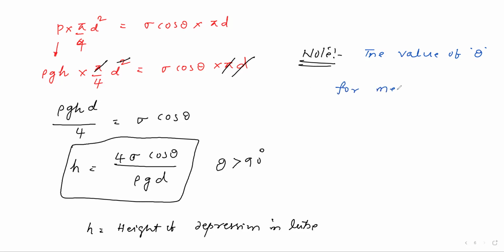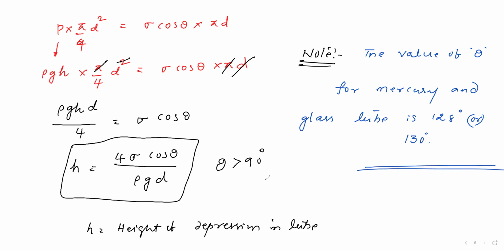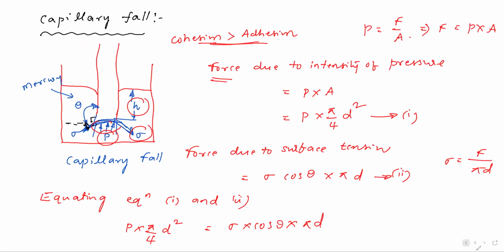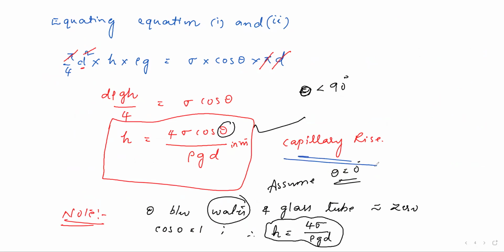For mercury and glass tube, the value of theta is 128 degrees, or you can consider 130 degrees. Clear? So this is about the capillary fall or depression, right? And the other one is called capillary rise.